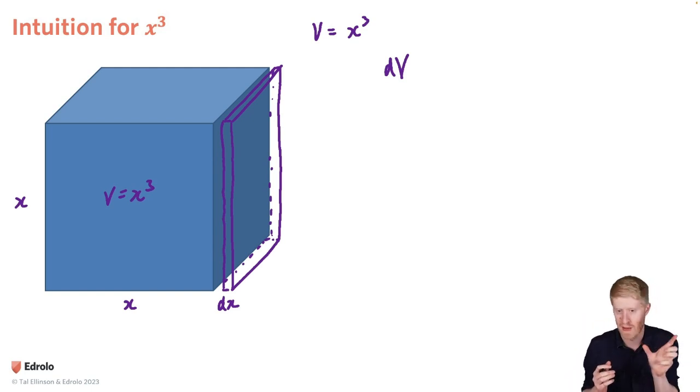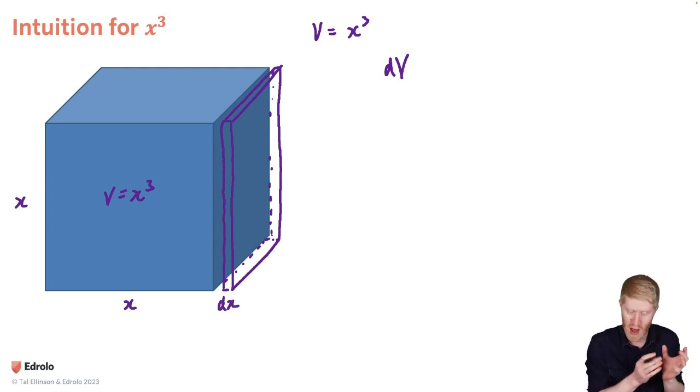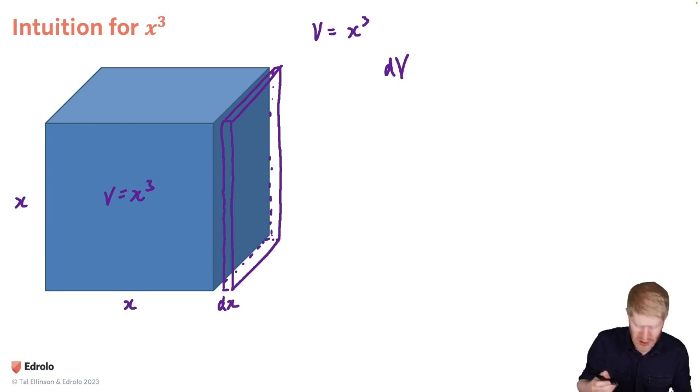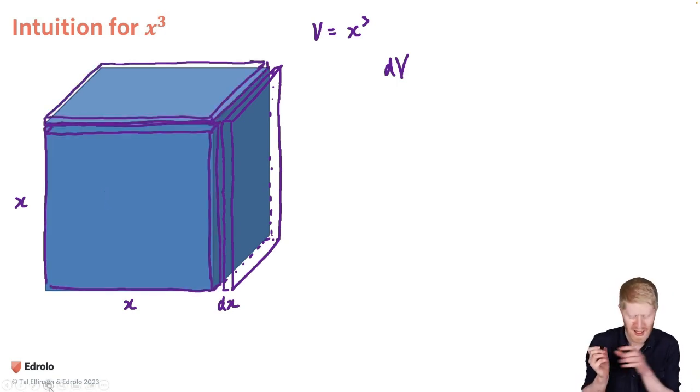If we nudge x by a little bit, suddenly we add an extra page, an extra plane to the side of the box. And that's also going to happen to the front and to the top of the box as well. So hopefully you can see that we've actually added 3 blocks, or 3 really thin, almost pages. What are they? Rectangular prisms to each dimension of the box as we extended x in a different direction.